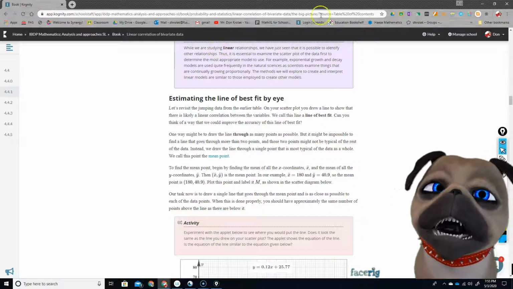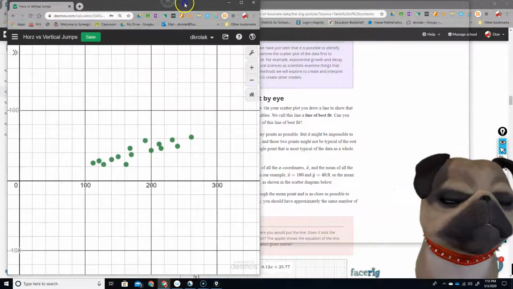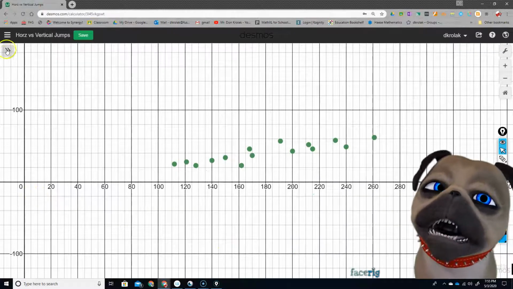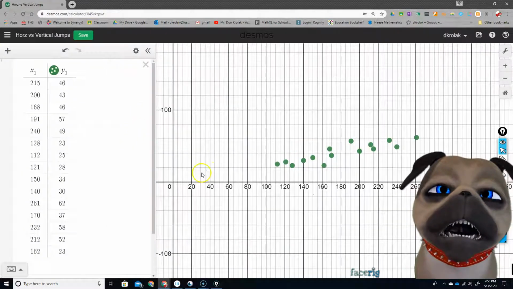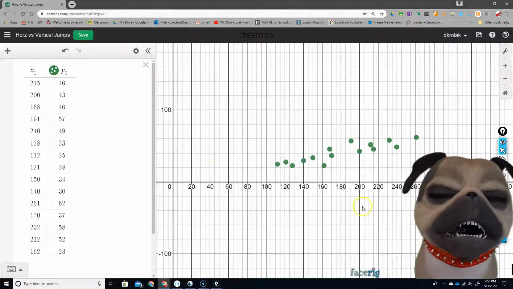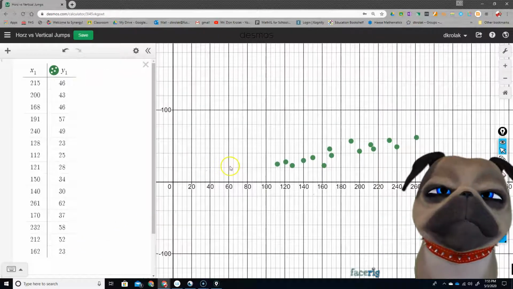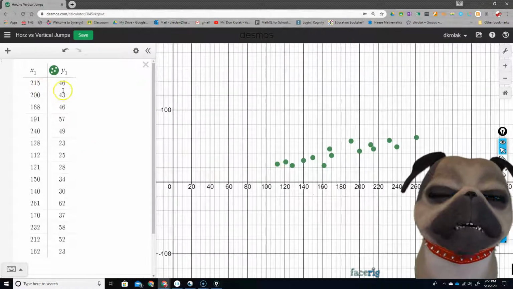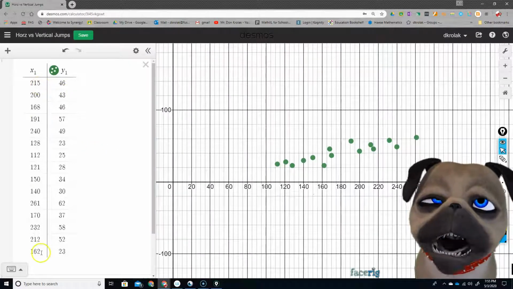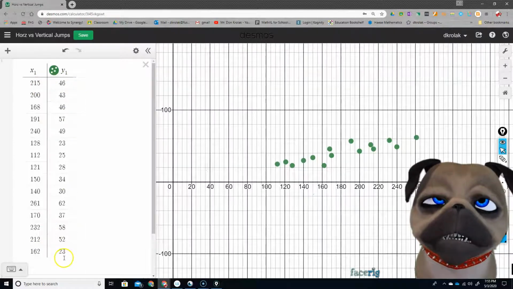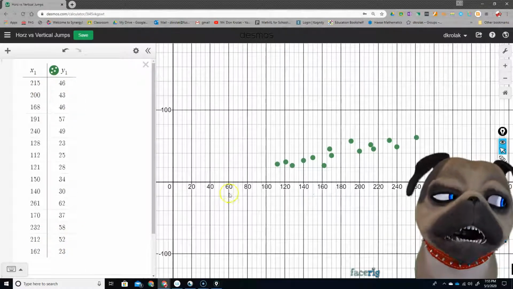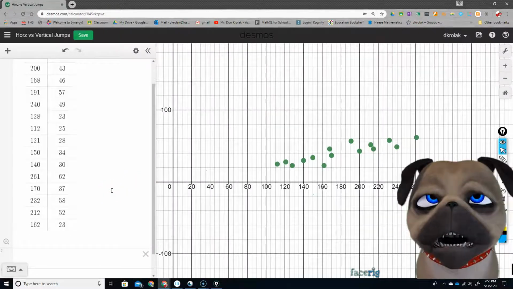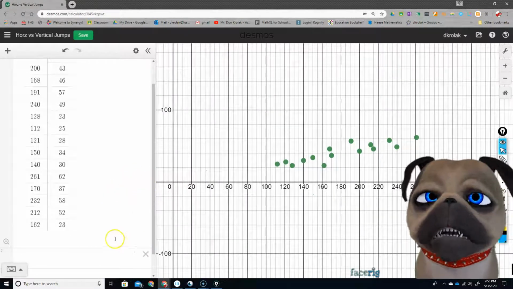If we go back to our graph here, when you draw a line of best fit, you want it to go through the mean point. What that means is find the average of the x coordinates and the average of the y coordinates. Now on Desmos, that's really simple because we can just type in a command and it'll do it for us.